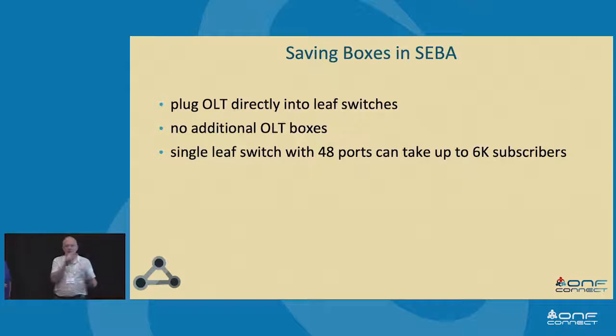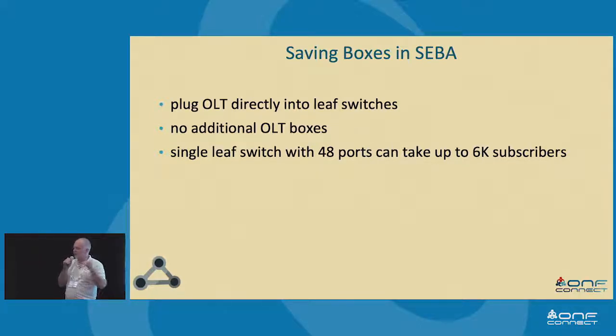We actually had to solve two problems. One is how to get the layer 2 management traffic up into Volta, up into a Kubernetes container. And the other one is how to make those pluggable OLTs work in the leaf switch of a leaf spine fabric.